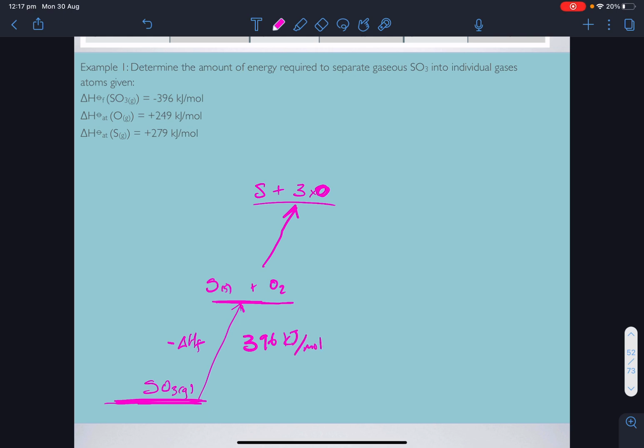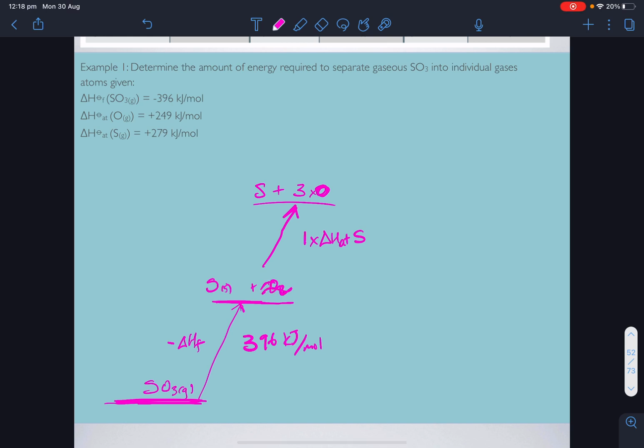To go to there. Okay, and then I want to go from there to there, so I need 1 times the heat of atomization of sulfur.